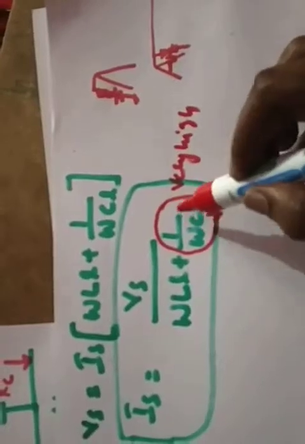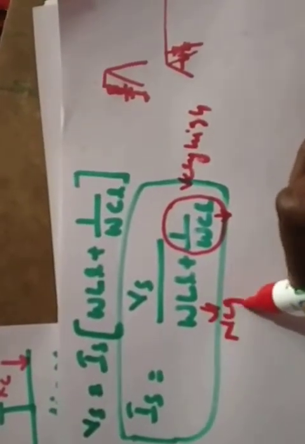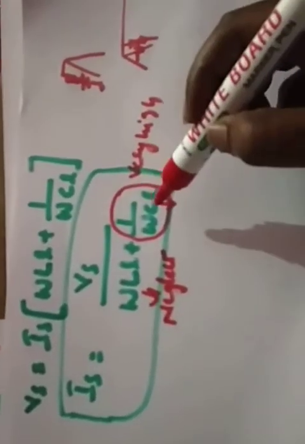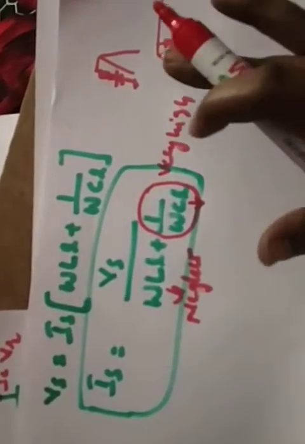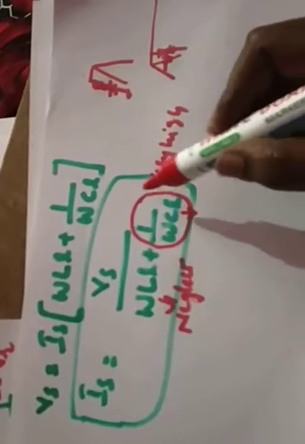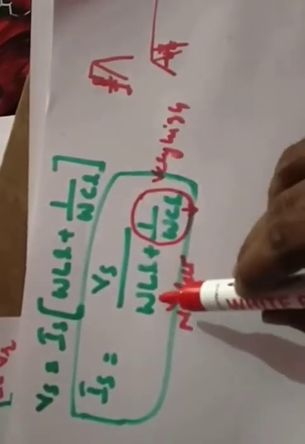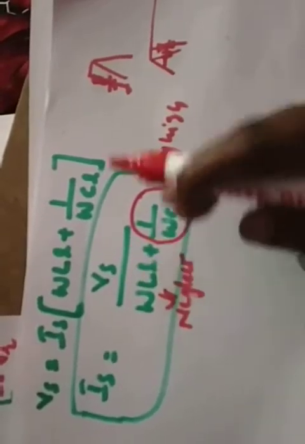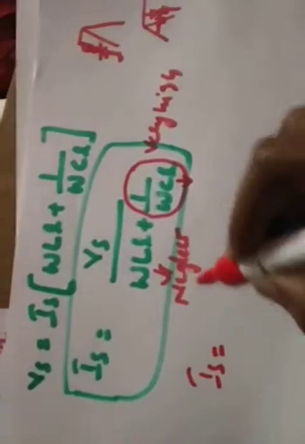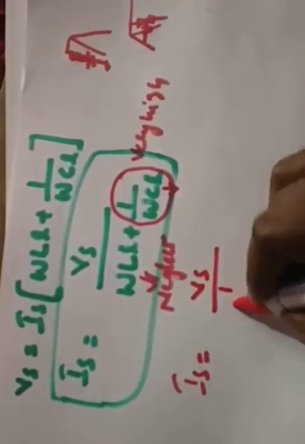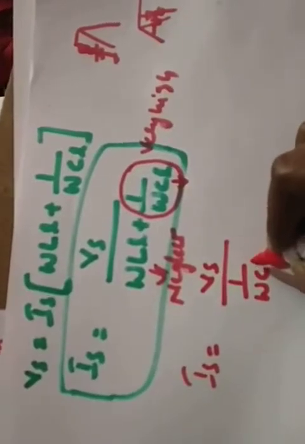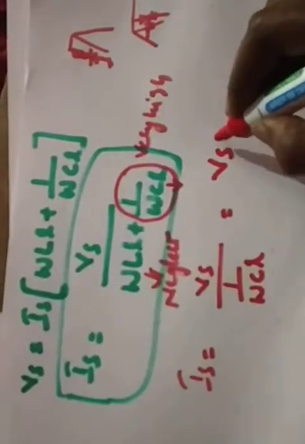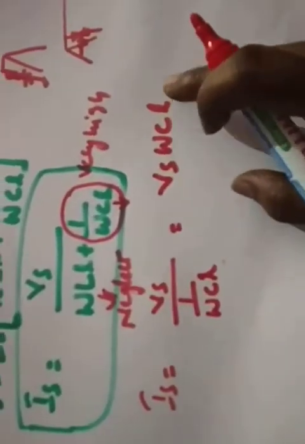If this term is high compared to the other term, we have to neglect the other one. Then the equation is IS equal to Vs by 1 by omega C l, so ultimately IS is equal to Vs into omega C l.